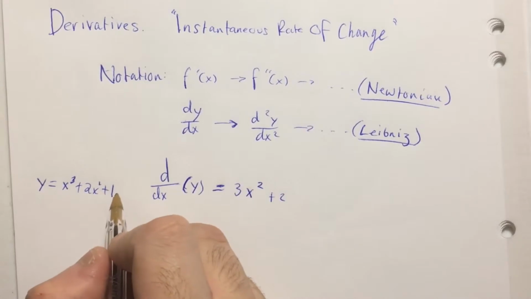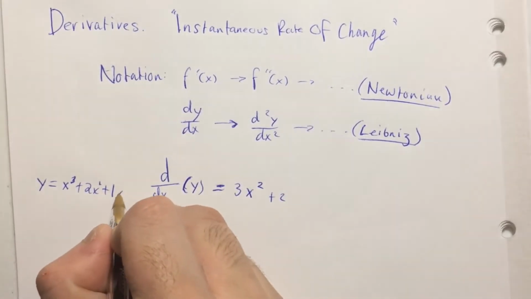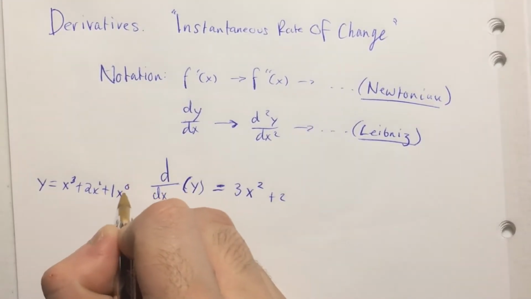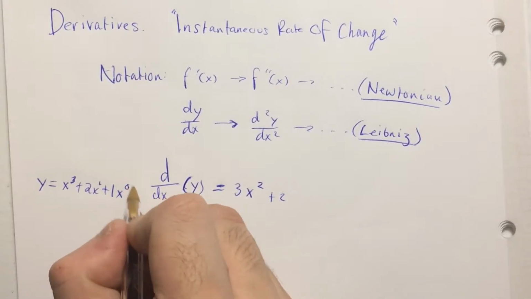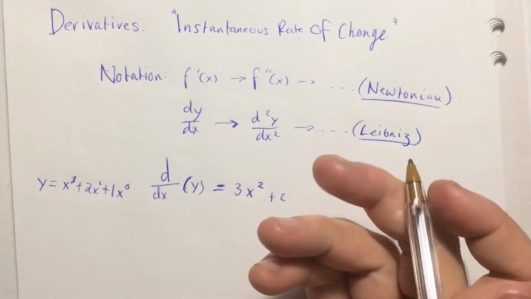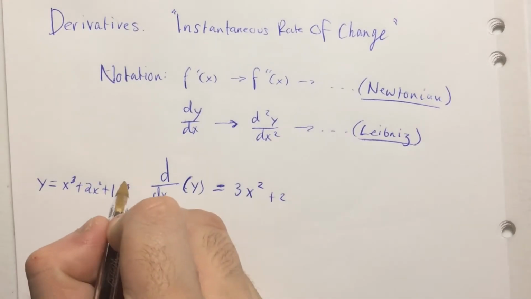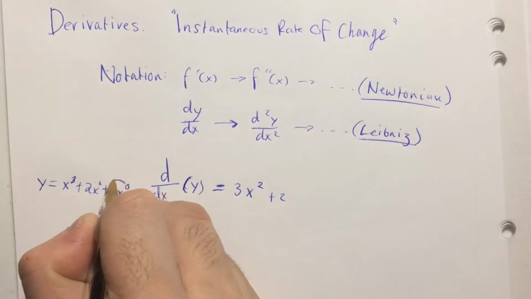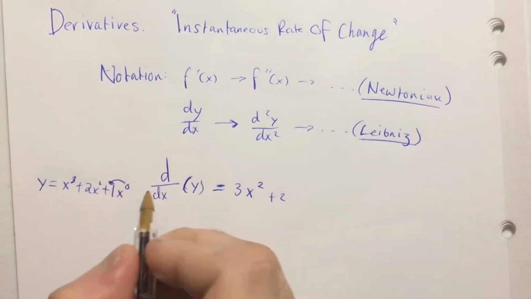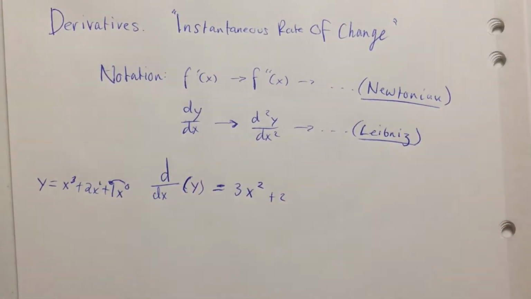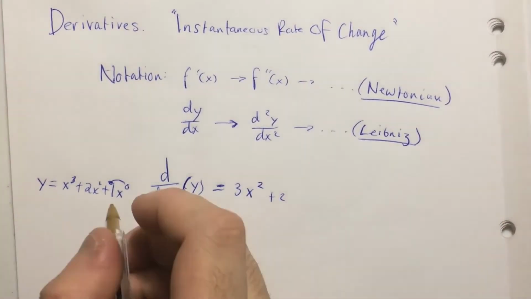And 1 is the same as saying 1 times x to the power of 0, and x to the power of 0 is effectively 1, so that doesn't change anything. But if we take the derivative of this, we bring the 0 out the front, and 0 times 1 is 0.